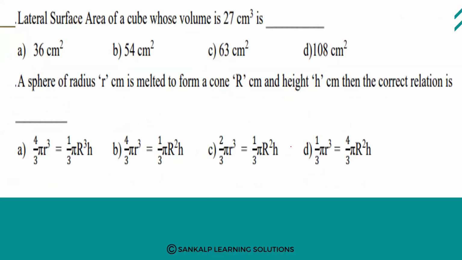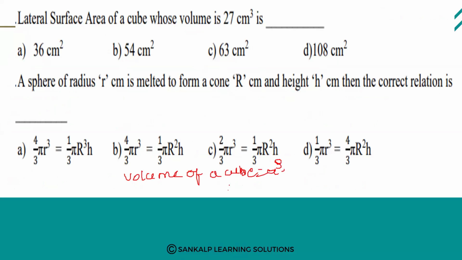Next, the lateral surface area of a cube whose volume is 27 centimeter cube. They have asked the lateral surface area of a cube. What have they given? The volume of a cube. The volume of a cube is a cube, right?